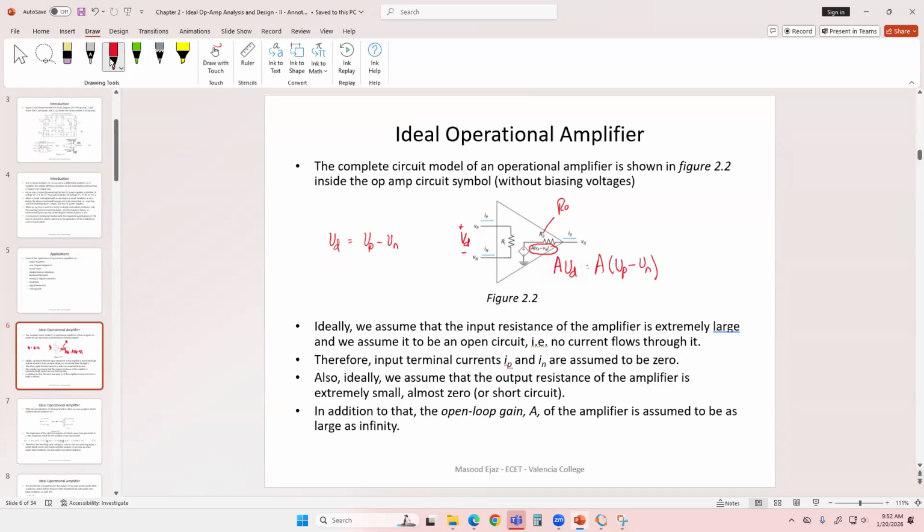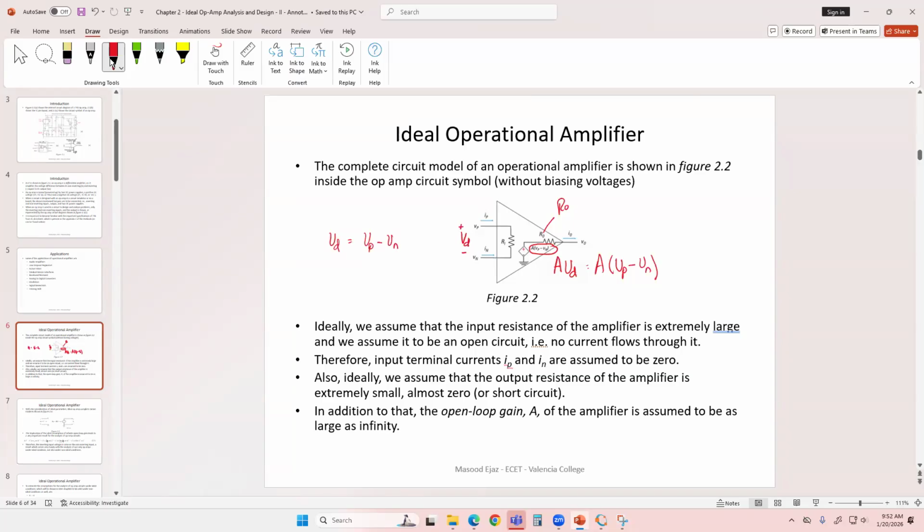The ideal input resistance is extremely large, hence, ideally, we assume it is equal to infinity. And that's what we actually want for a perfect amplifier.